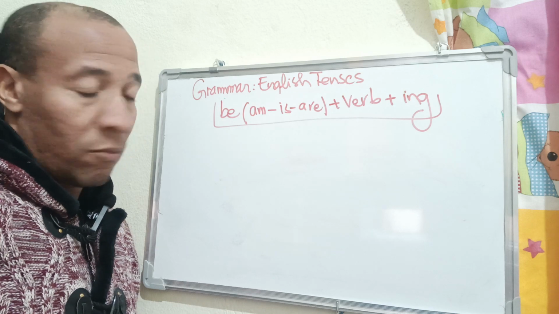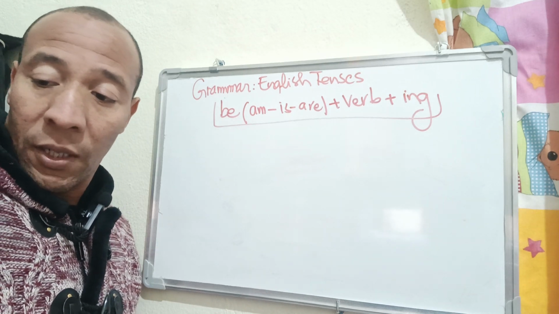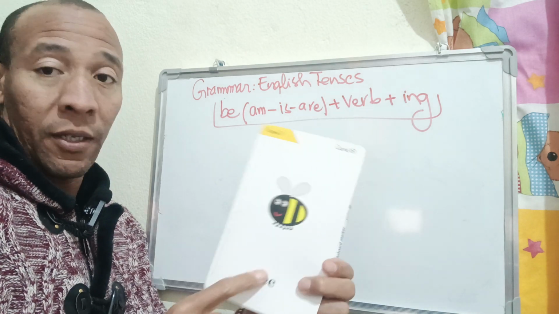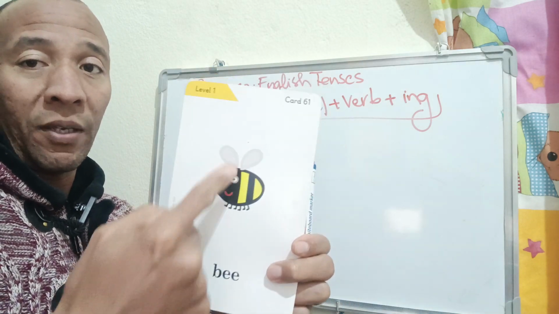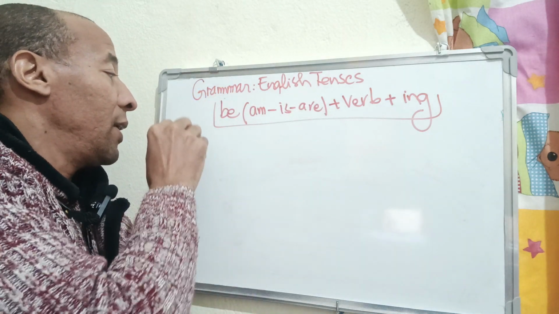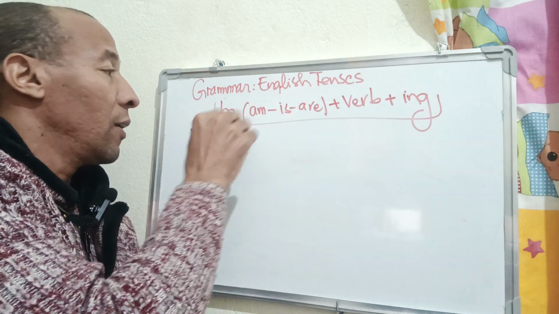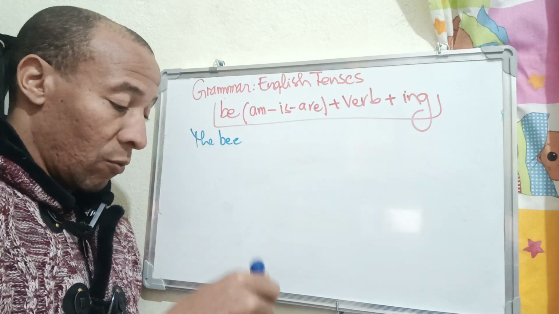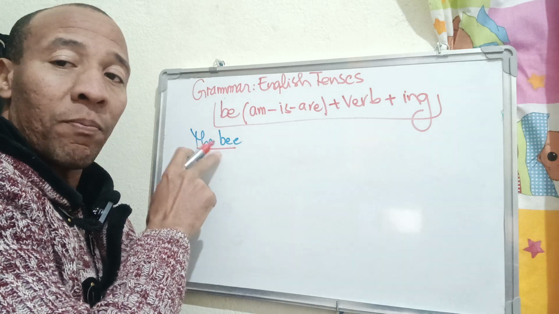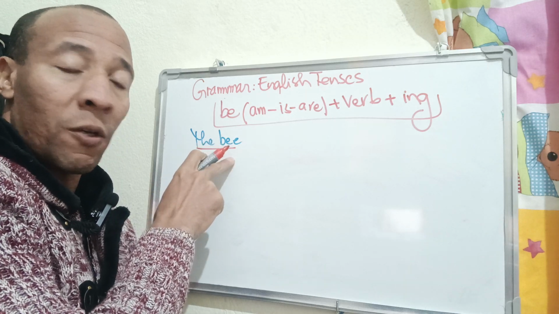So right, let's choose another. Okay, look, this is a bee. What is the bee doing? So we can say the bee. Okay, here we have the bee. What pronoun would you use to replace the bee?